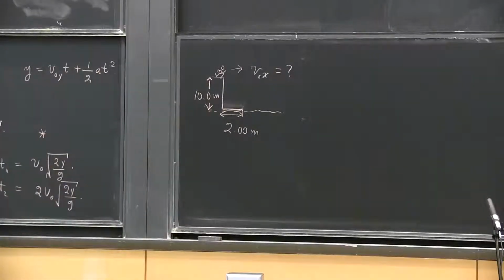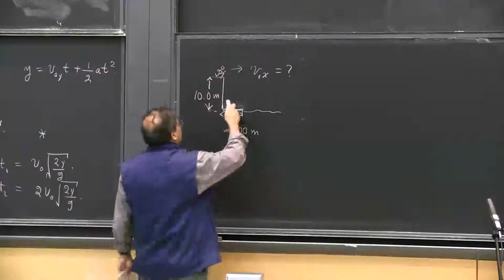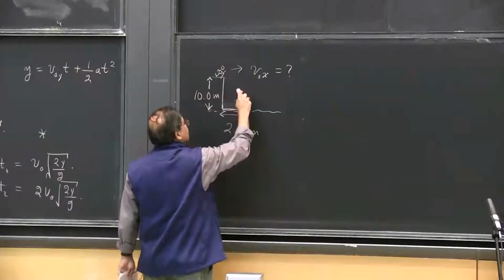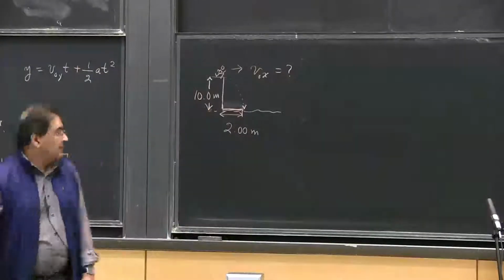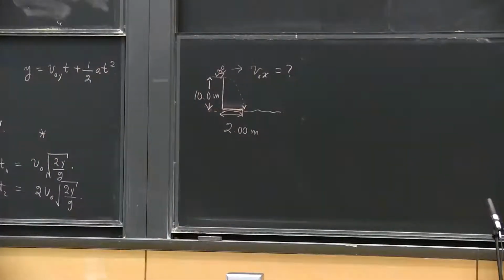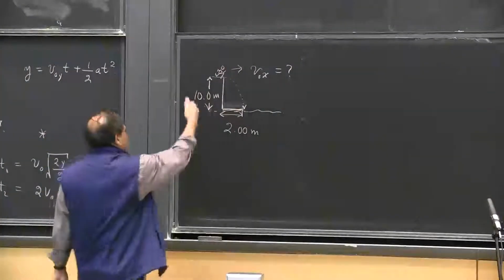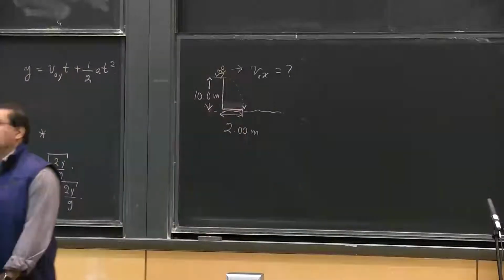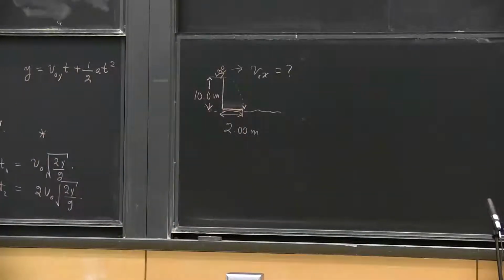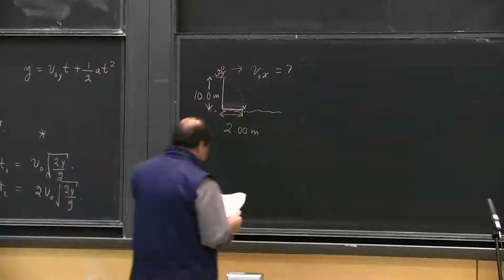So here you are running around, you want to jump into the pool, and you obviously want to make sure that you don't land here and injure yourself. So that's the trajectory that you want. So given that you are at a 10-meter height and the ledge is about 2 meters, it's not drawn to scale obviously. The question may be that at what velocity must you be running? All right. So I want to find out what v0x is.